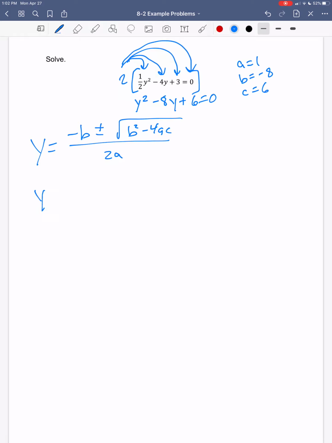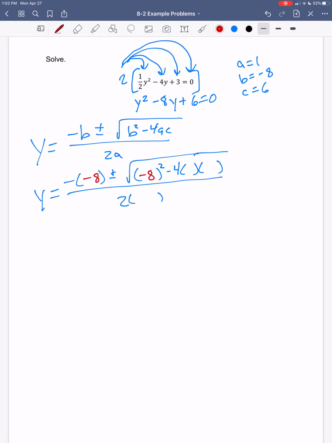I'm going to replace every letter with a set of parentheses. I'm going to fill in b is negative 8, a is 1, and c is 6. And then I just simplify.